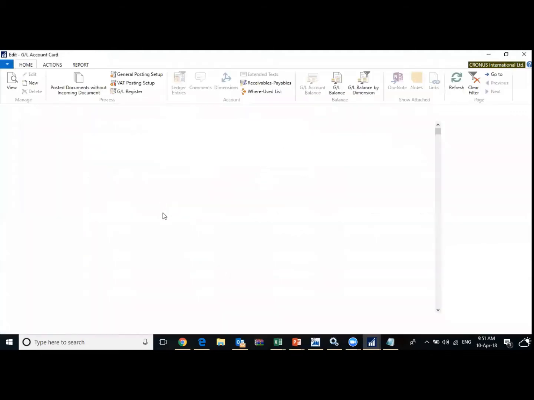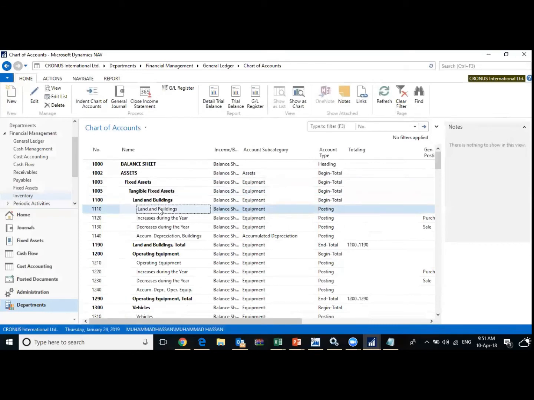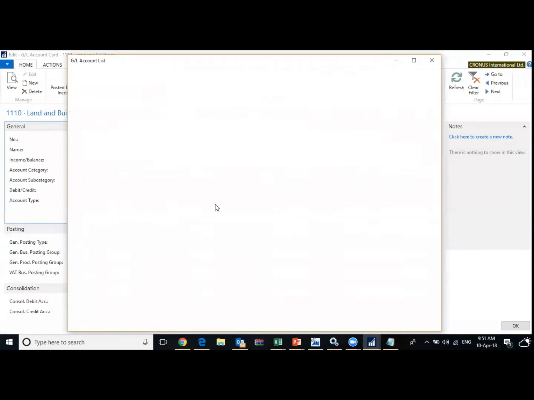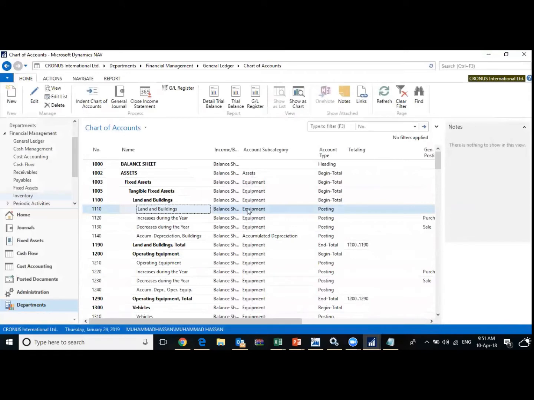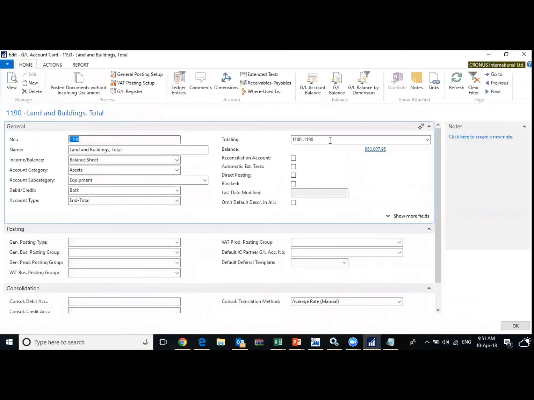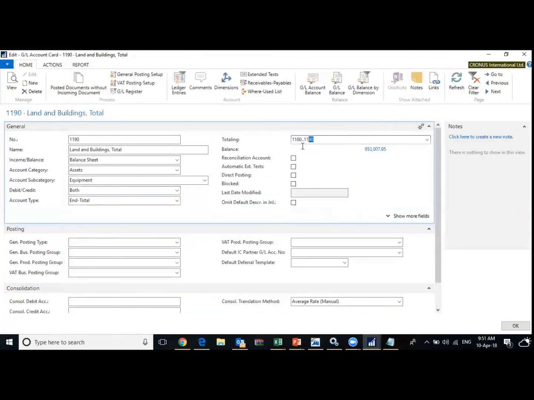Right. So the other thing is your totaling. This totaling will show you, for example, once again, let me show you, totaling. This account has a totaling. This is an end total account, and every end total account will total all the accounts that fall under the begin and end total of this.